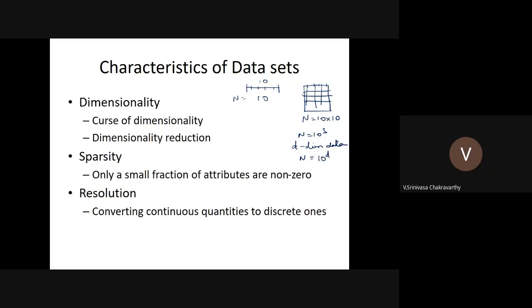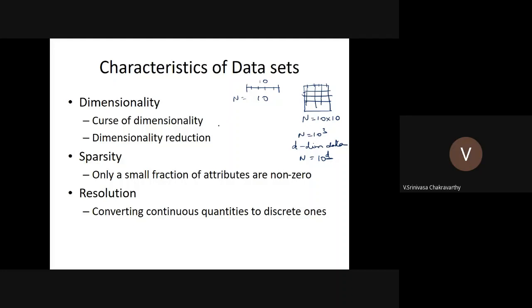This is just a simple calculation to convey the idea that very often I want the data to completely fill the relevant part of the input space, so that's how you can represent the phenomenon or the process. If you have high dimensions, the data requirement grows exponentially with the dimensionality d. That is called the curse of dimensionality.